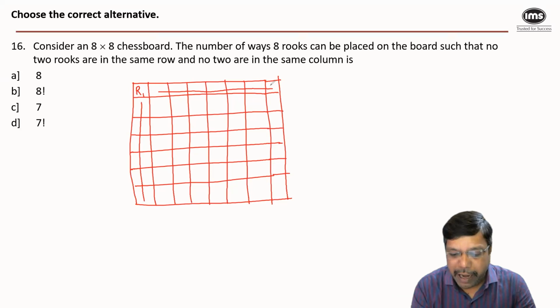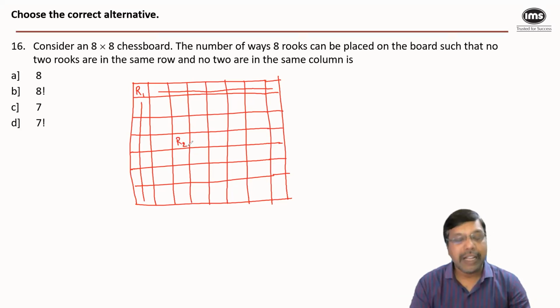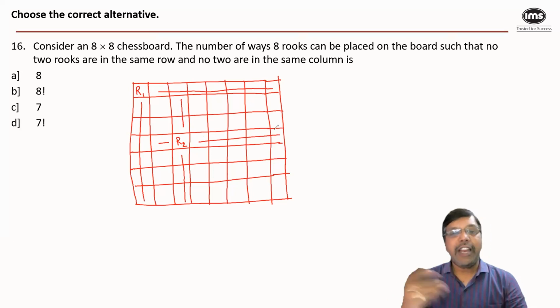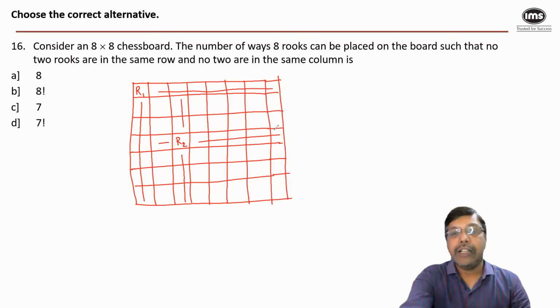Similarly, if I put, let's say, the second rook here, then this particular column and this particular row cannot be used for any other rooks. So this is what the logic is, or the condition is.